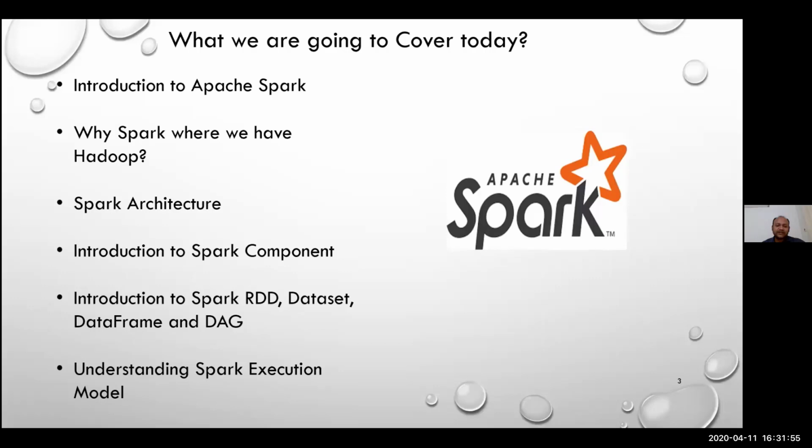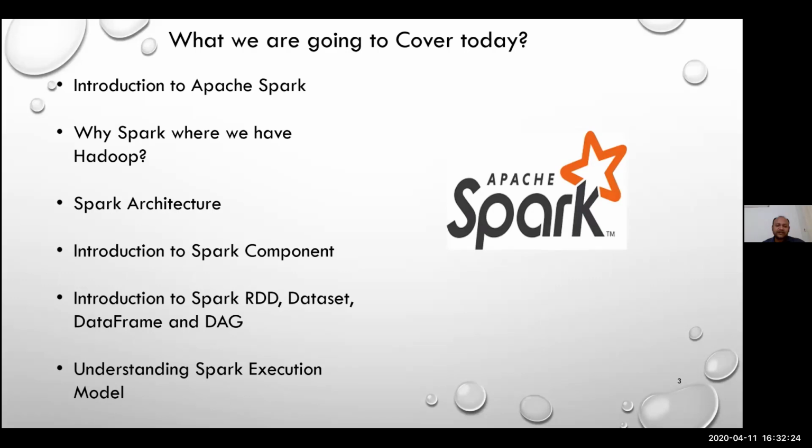So today, we are just understanding Apache Spark's fundamentals. What is Apache Spark? And we have Hadoop, so why is Apache Spark still needed? And what is the story of Apache Spark, how does its architecture look, and what components are included in Spark?